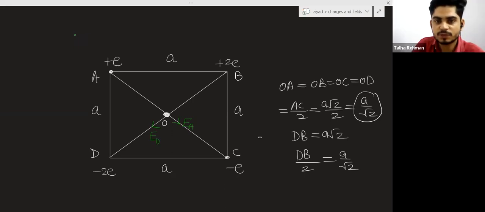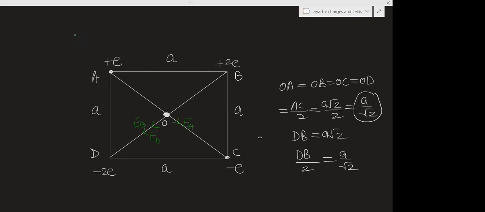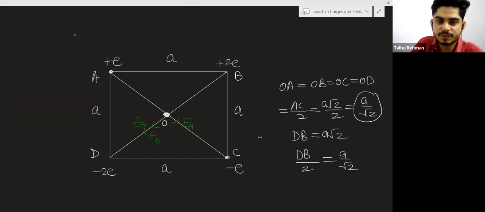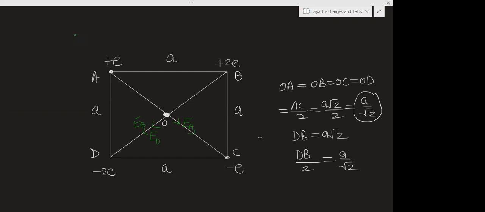Due to this +2e charge, the direction of electric field will be in this direction because this +2e charge will repel, that is EB. And due to this negative charge, you will get the electric field in this direction, EC.